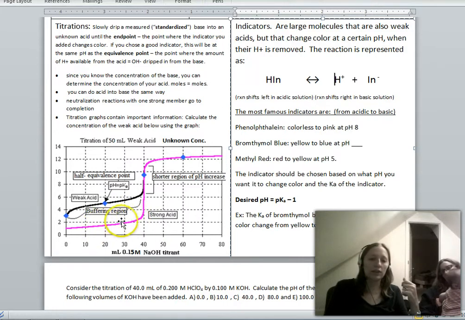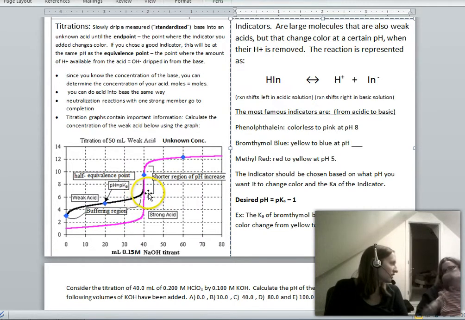It's going to go yellow, yellow, yellow, yellow, yellow, and then red. You'll be like, oh, I reached my equivalence point. No, you didn't. You passed it last year. It was over here. So you need an indicator that changes colors here.